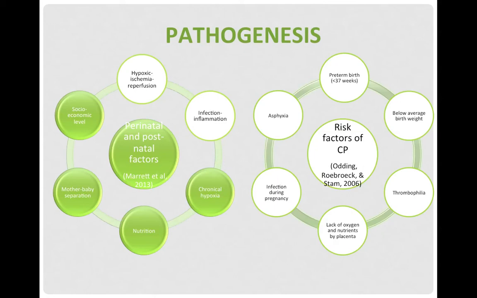During the perinatal period, hypoxic ischemia, reperfusion, and infection and inflammation can both play a part in increasing the risk of CP in the developing brain. Additionally, postnatal factors can include socio-economic level, mother-baby separation, nutrition from the placenta, and chronic hypoxia.